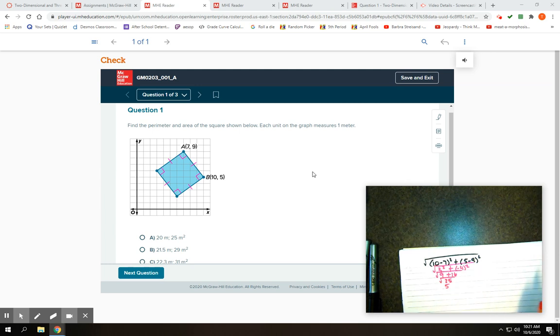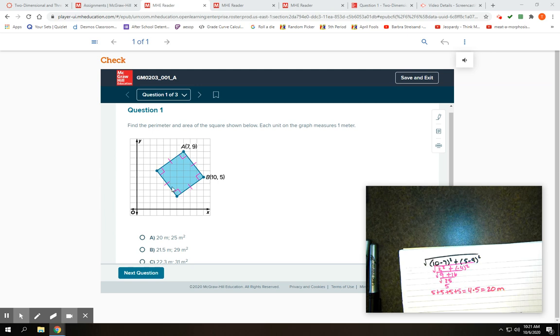Now for the perimeter, remember we're going to add up all four sides. So 5 plus 5 plus 5 plus 5, or you can think of it as 4 times 5, which is 20. And we're working in meters, so it's going to be 20 meters all the way around the outside of this.